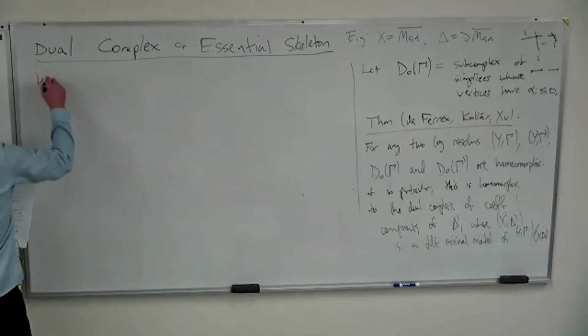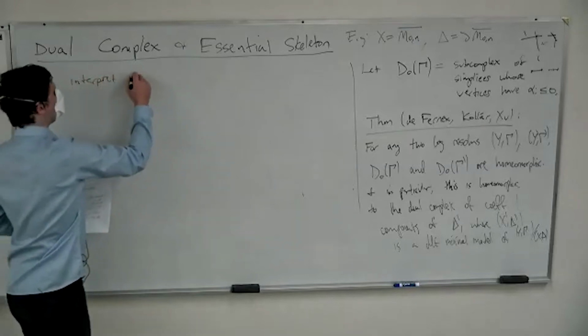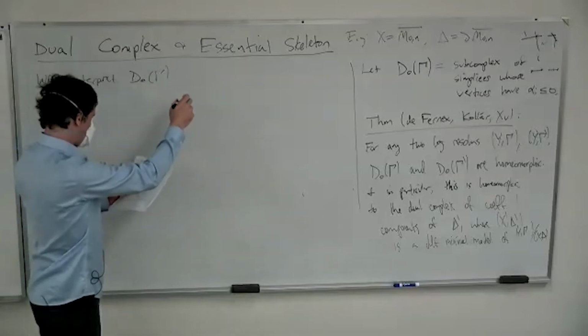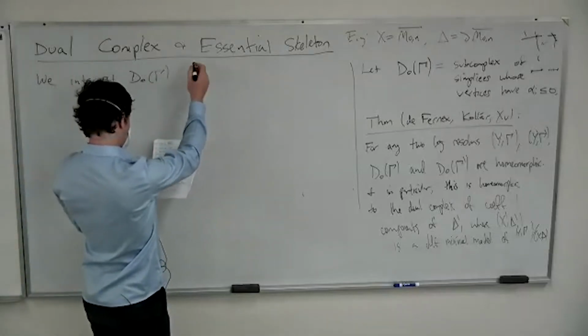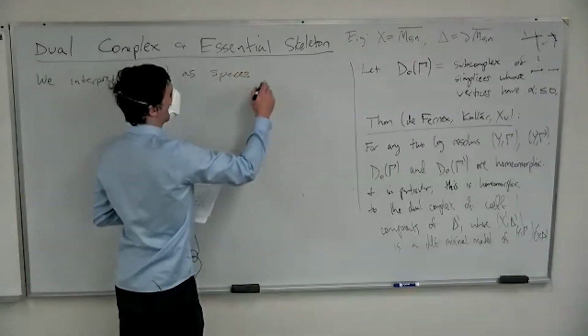Okay, so what we want to do is we want to interpret spaces like these complexes, so like this one, as spaces parametrizing valuations.